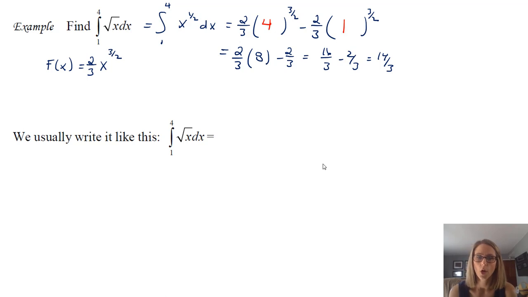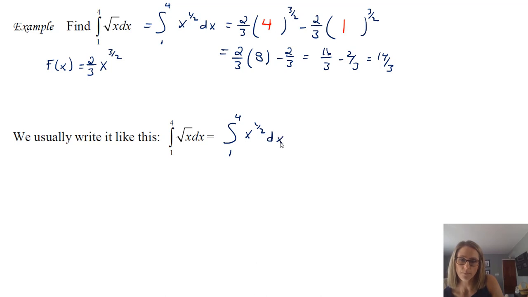Typically, however, we use slightly different notation. Typically, the way we would write it is, doing a rewrite is never a bad idea. I am a big fan of the rewrite.